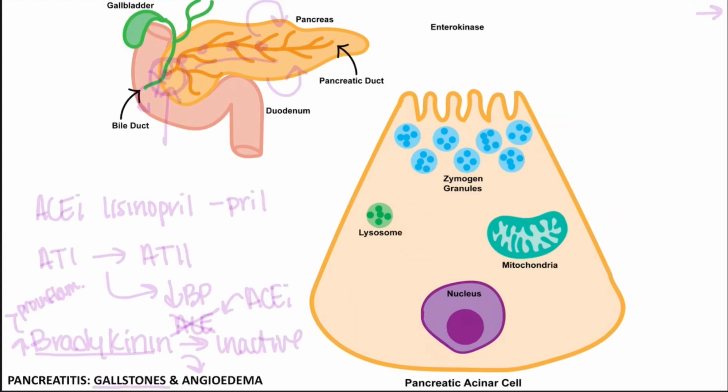The first way in which a drug can induce pancreatitis is through some mechanism that promotes duct obstruction. Now, this can be agents that promote the formation of gallstones that can become lodged at this point where the bile and pancreatic duct converge, and this would prevent that flow of secretions into the duodenum.